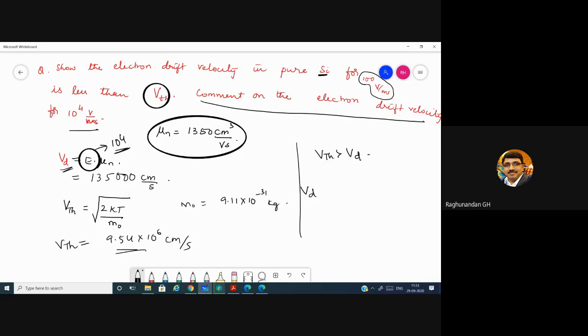So Vd is equal to 10 to the power of 4 into our mu n, whatever we are having, 1350. So how much we will get? We will be getting 1.35 into 10 to the power of 7 centimeter per second. So now you compare the value of the drift as well as thermal velocity, which is greater.